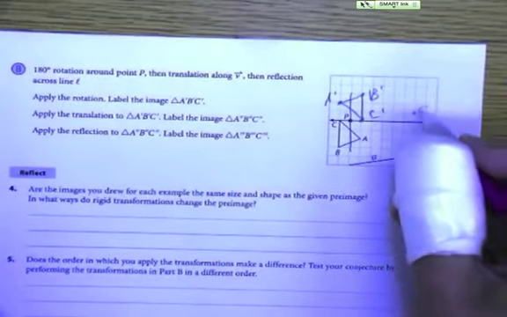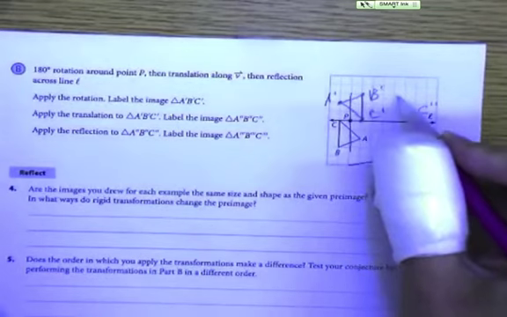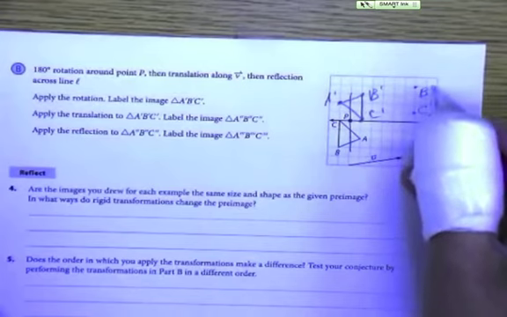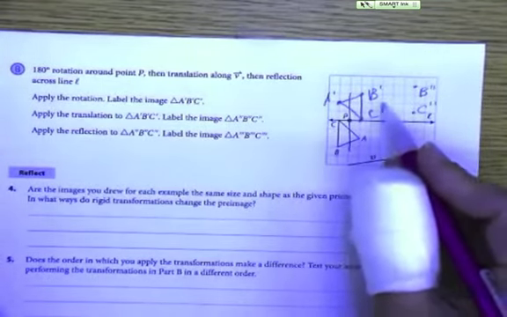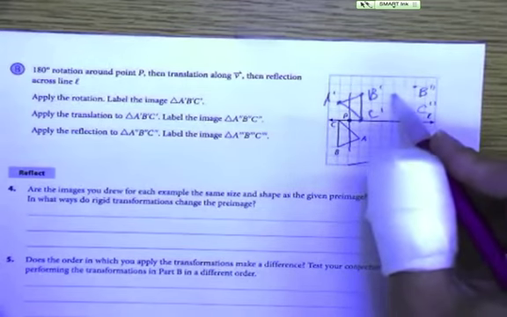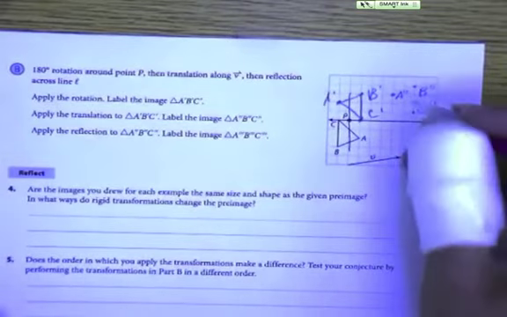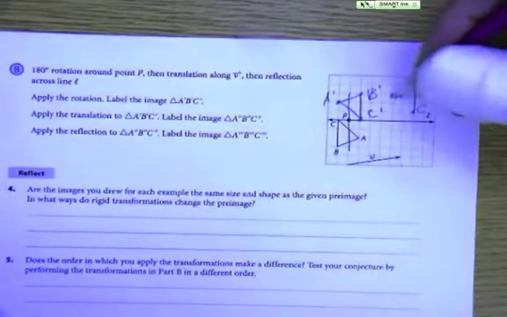Okay, so from here, 5 to the right, and up 1. Here is C double prime. 1, 2, 3, 4, 5, and up 1. There's B double prime. Finally, A prime. 1, 2, 3, 4, 5, and up 1. There is A double prime.